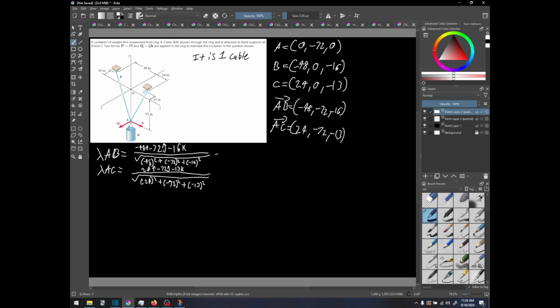And then all that you need to do from here is take just 48 and divide it by this whole thing, just 72, divide it by the whole thing. And that's going to give you your i hat, j hat, and k hat values for each of these.